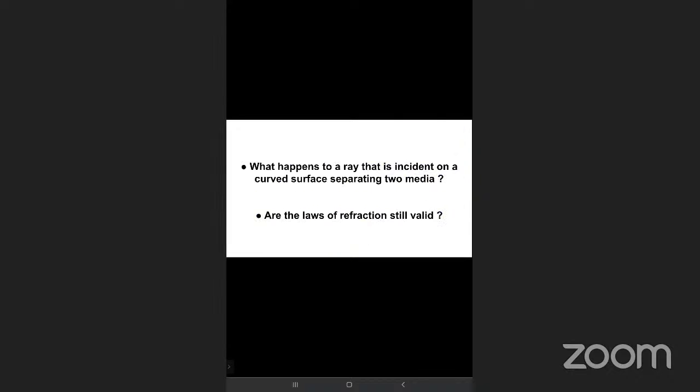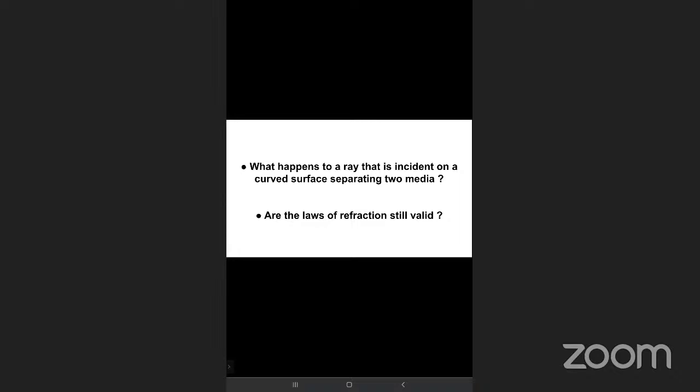What happens to a ray that is incident on a curved surface separating two media? Are the laws of refraction still valid?